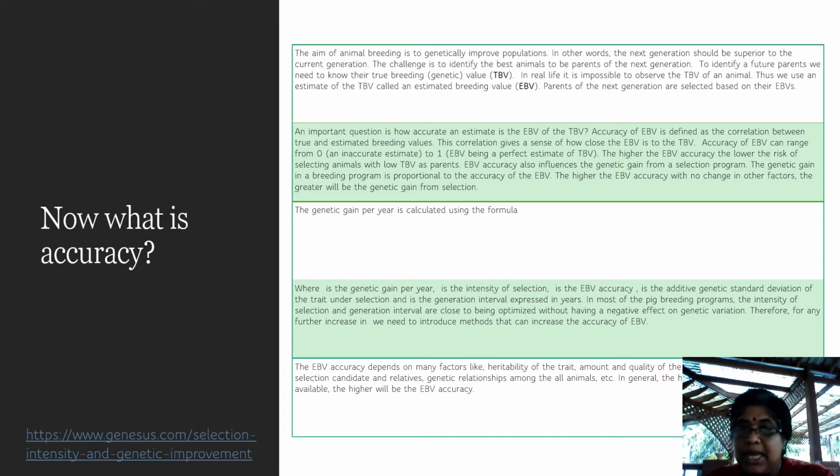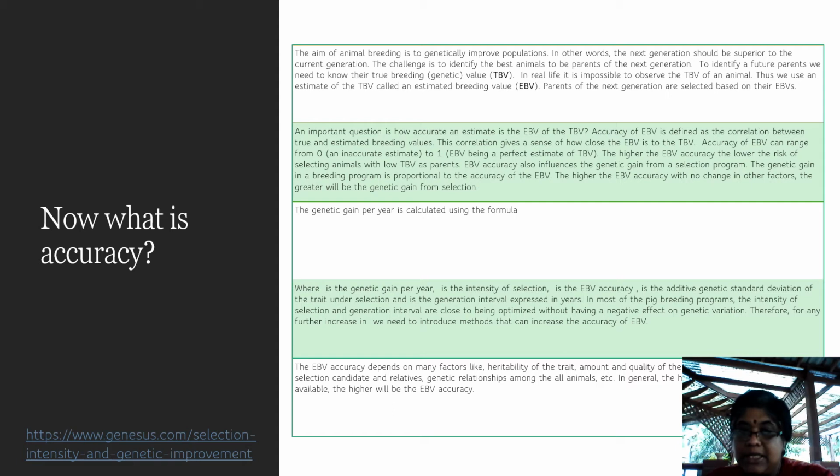Now, the genetic gain per year is calculated using the formula which I described earlier. So it's very important, when we want to get genetic gain per year, that we intensify the selection, but at the same time the EBV has to be accurate. From there we will focus on the additive genetic variation.